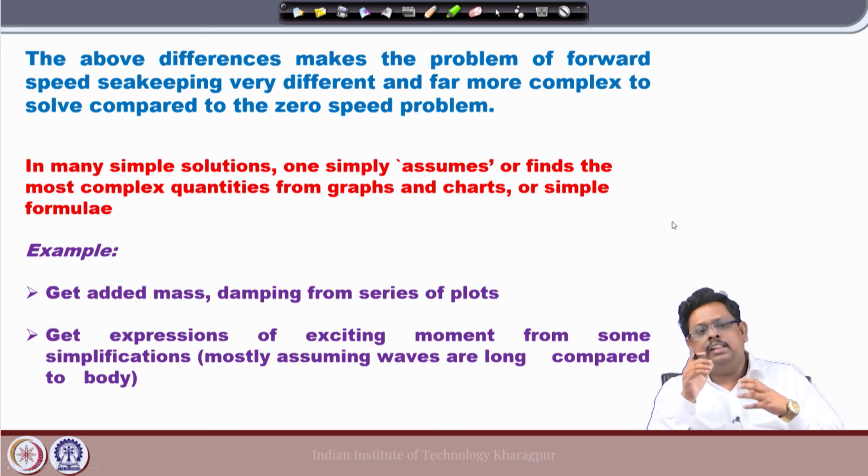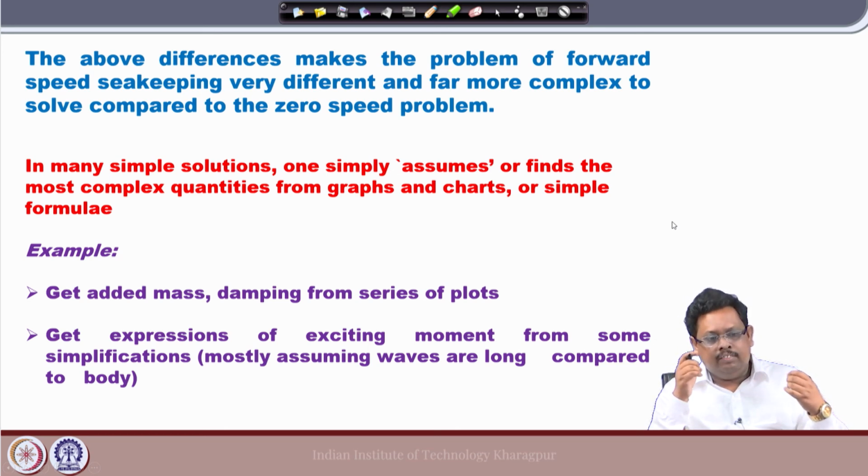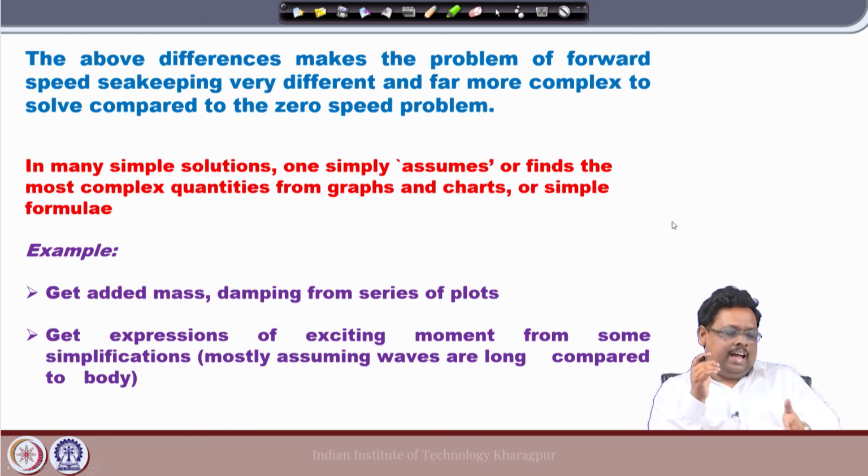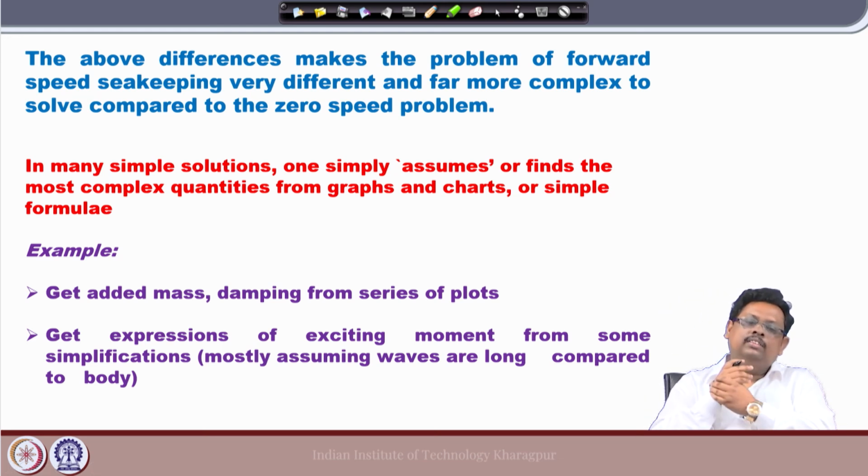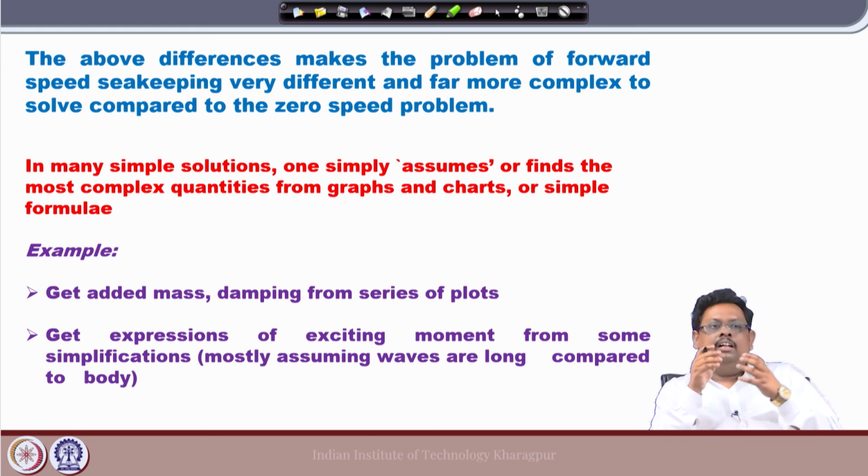These are some of the most difficult parameters that we want to compute. However, as written here, there are many simple solutions, and one can find these complex quantities in terms of a graph, chart or simple formula. Those all exist.